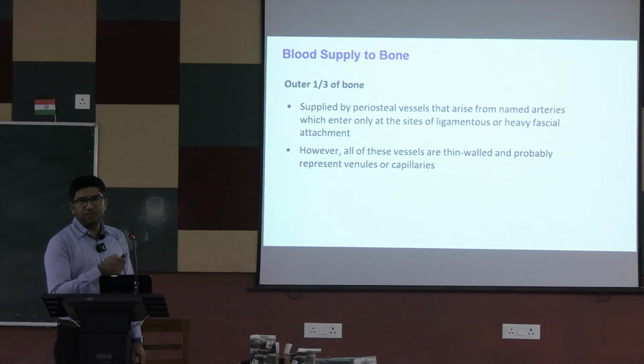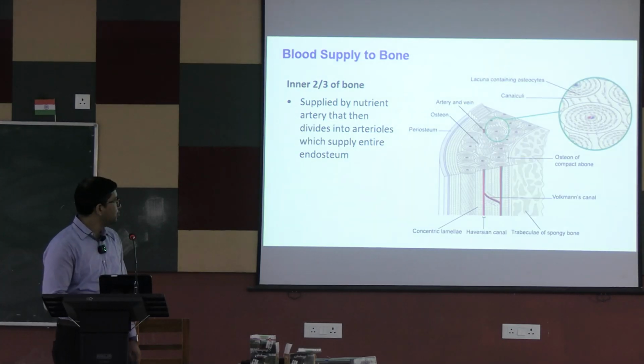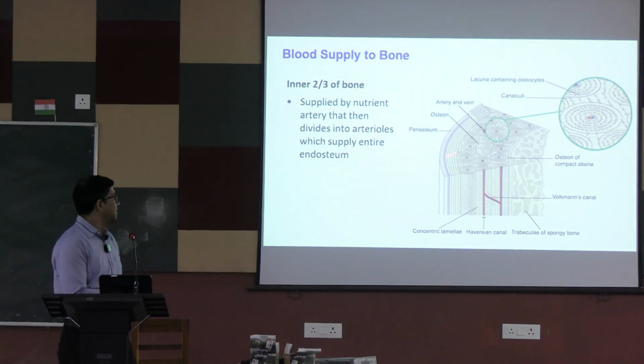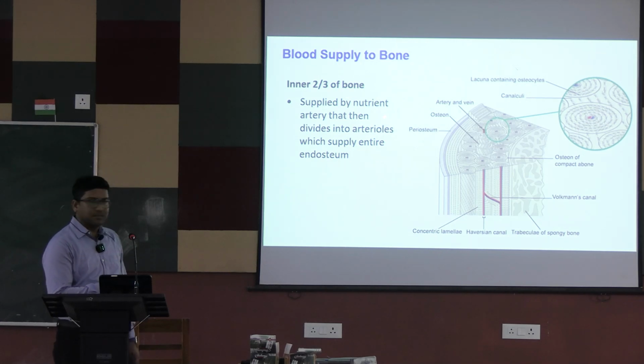If the bone is devoid of all the tissues, then naturally the outer third will suffer. So periosteal blood supply is important. And the inner two-thirds, you have read about Haversian systems, arterioles, canaliculi. The inner two-thirds is supplied by endosteal vessels.